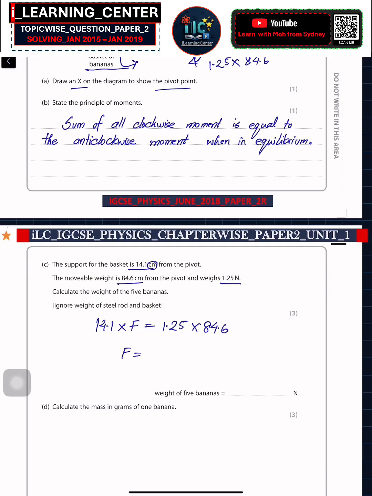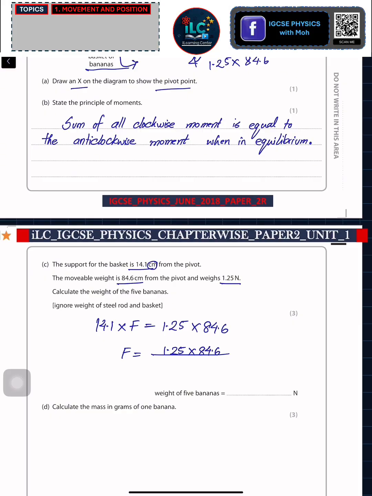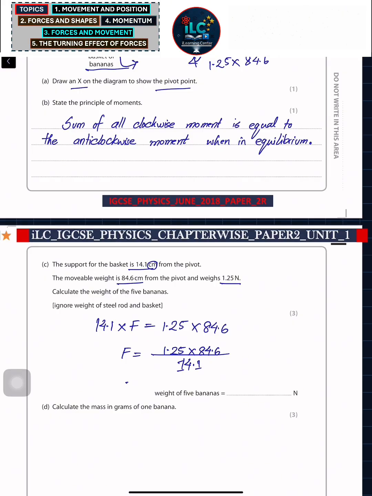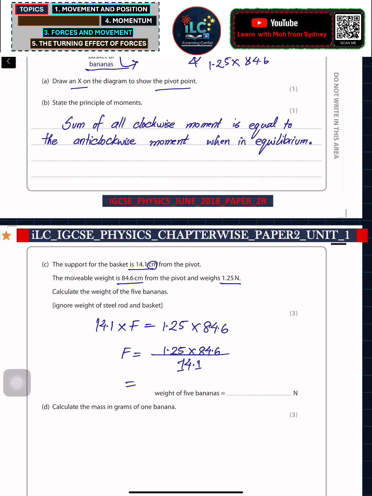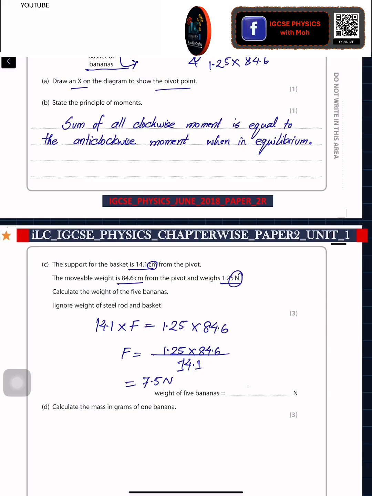F is equal to 1.25 times 84.6 divided by 14.1. And then if you put it into your calculator, you'll get 7.5 Newton, because this was in Newton, so my answer will be in Newton too. You don't have to do any further calculation for this. So you get straight 3 marks for this one.